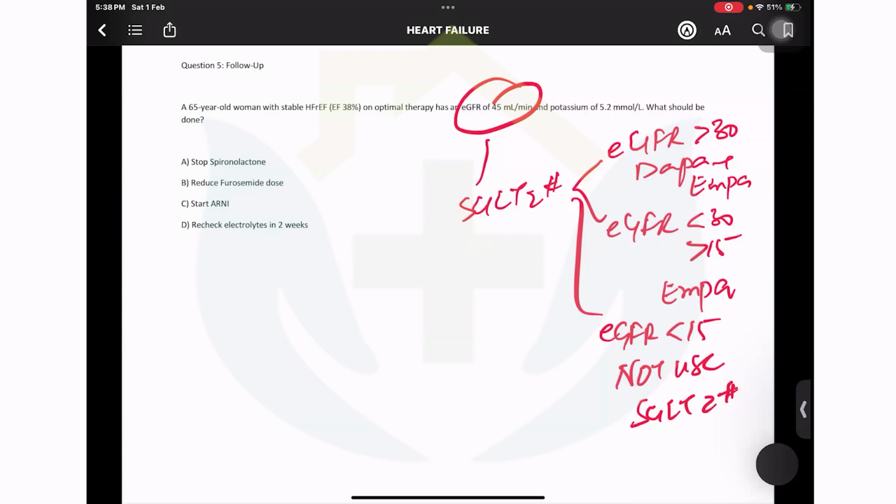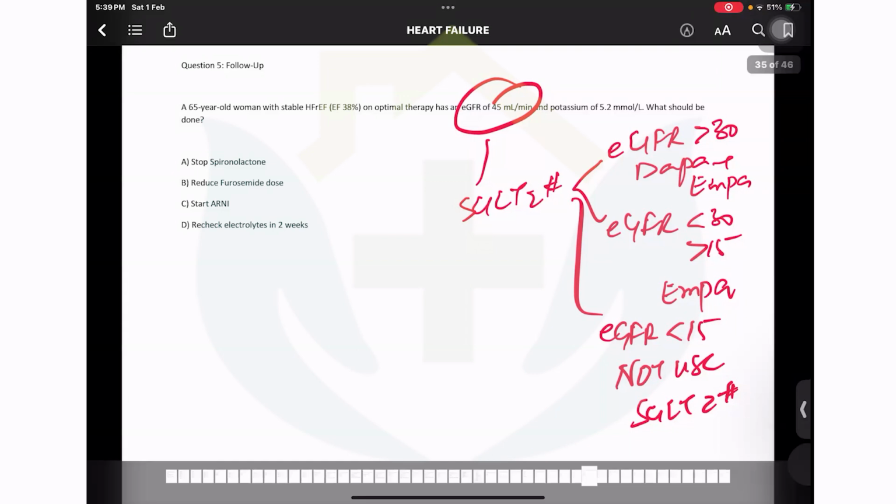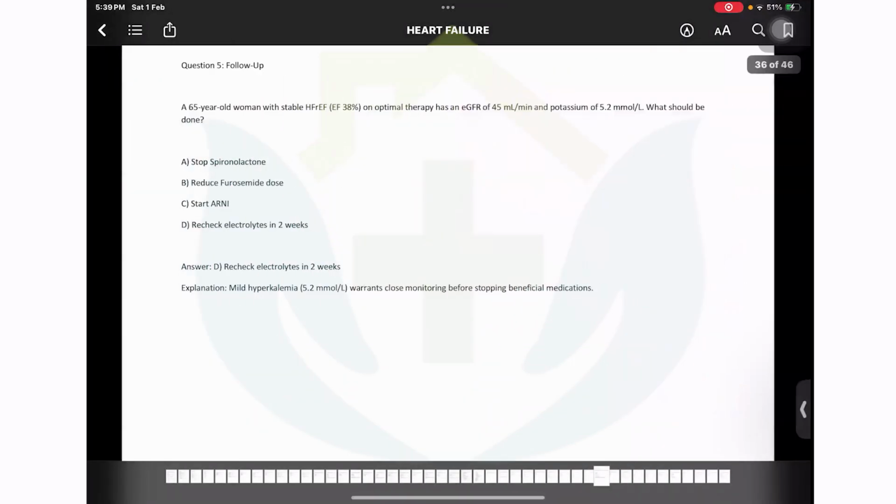So I will not do anything. I will recheck the electrolytes in 2 weeks. It is recommendation. It is not that I want it that way. So this patient should be rechecked in 2 weeks' time. Mild hyperkalemia 5.2 warrants close monitoring before stopping beneficial medications. Spironolactone is one pillar of GDMT, so we cannot really stop it right away. Okay.